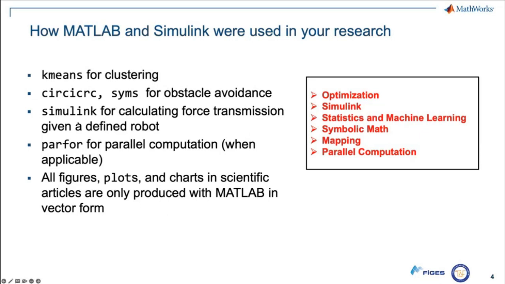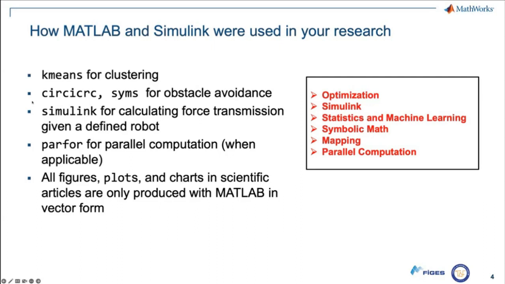We use Simulink. I'm not particularly expert in Simulink. My wife is, and my students are getting expert in Simulink, and that's for rendering the force given a specific kinematics chain for the robot. I'm using, for example, k-means for clustering during the optimization algorithms to divide different points in the search space.